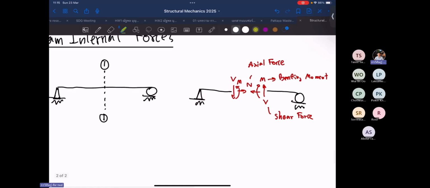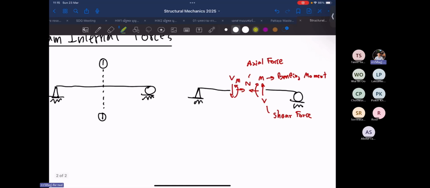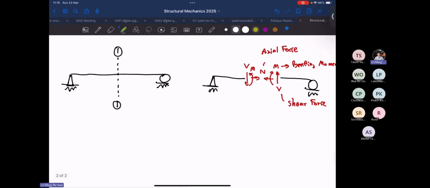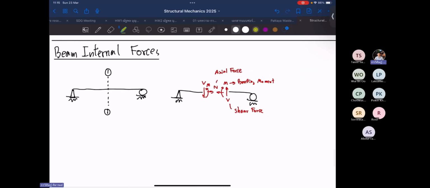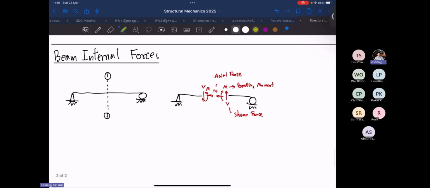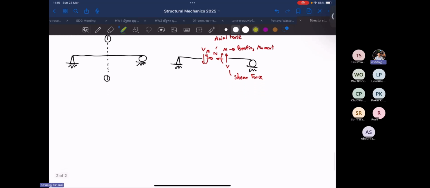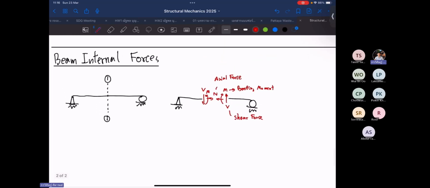So in this case, we are going to determine only the shear force and the bending moment. For axial force, we typically neglect it. Then we have the method to determine the distribution of the shear force and bending moment in a beam.